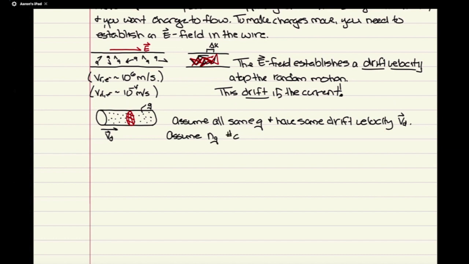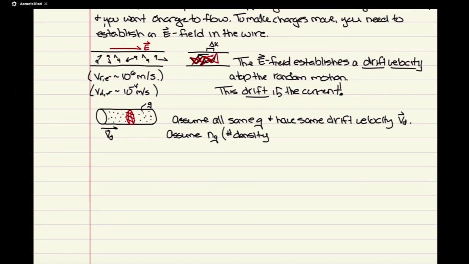This is a number density, so the units are number of charge carriers per volume, similar to how mass density might be grams per meters cubed. This is just number per meters cubed or centimeters cubed or whatever. So you have some density that gives you a sense of the number of charge carriers in a given volume.